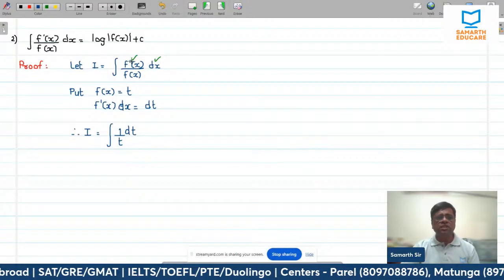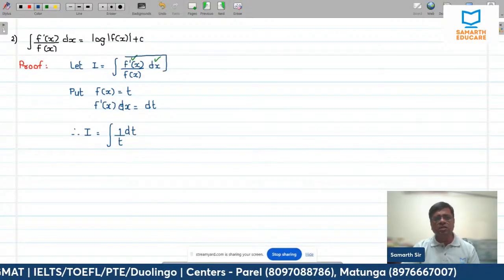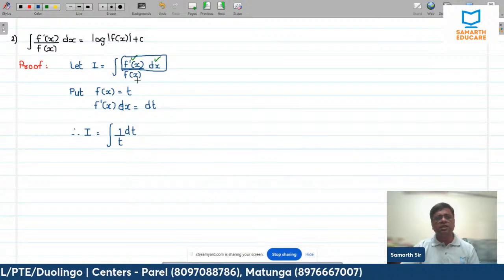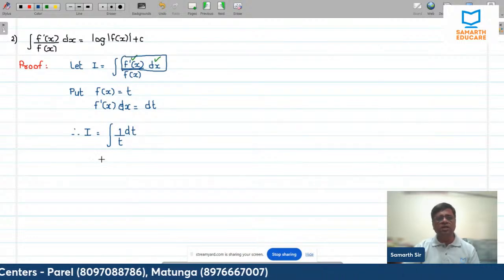तो यहाँ पे फिर से देख लो, इसके बदले हमने क्या कर दिया, dt लिख दिया, और 1 अपॉन f of x के बदले 1 अपॉन t लिख दिया.